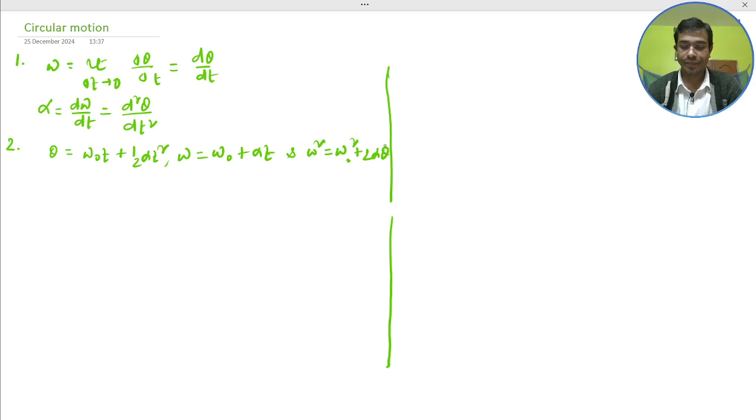The linear velocity v is equal to omega r. V is the linear speed of the particle and omega is the angular speed. And one thing is that the linear acceleration AT is dvdt.